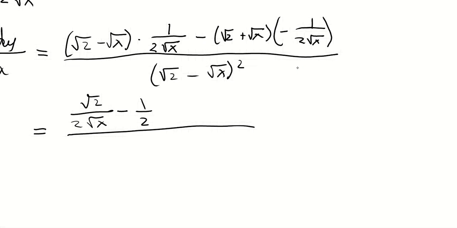Negative times negative is positive, so we can just make it plus square root of 2 all over 2 square root of x. Then plus square root of x will again cancel out, so that will be equal to 1 over 2 all over square root of 2 minus square root of x squared.